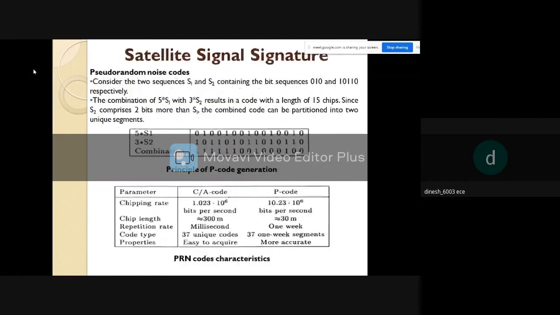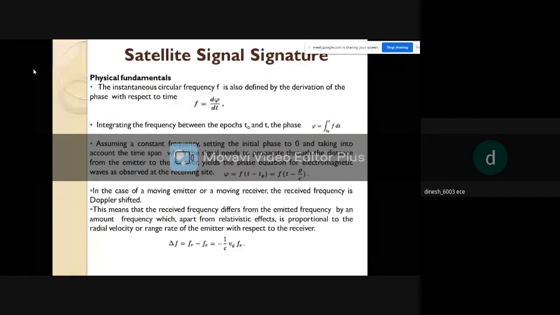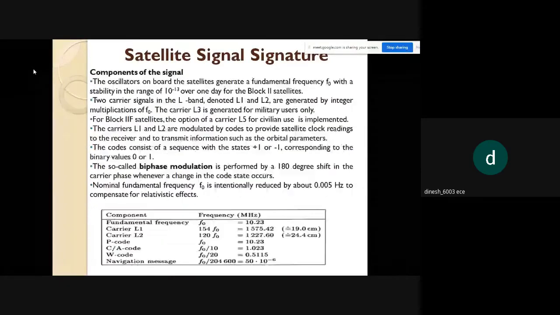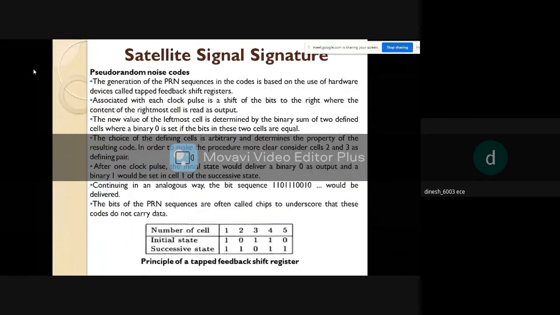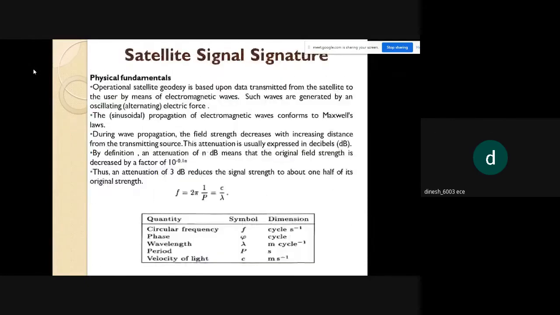One is the physical fundamentals required for designing a satellite signal. Second one, the components of the signal. Third is the pseudo random noise codes, PRN codes, and how they are being used. So let us start with the physical fundamentals.